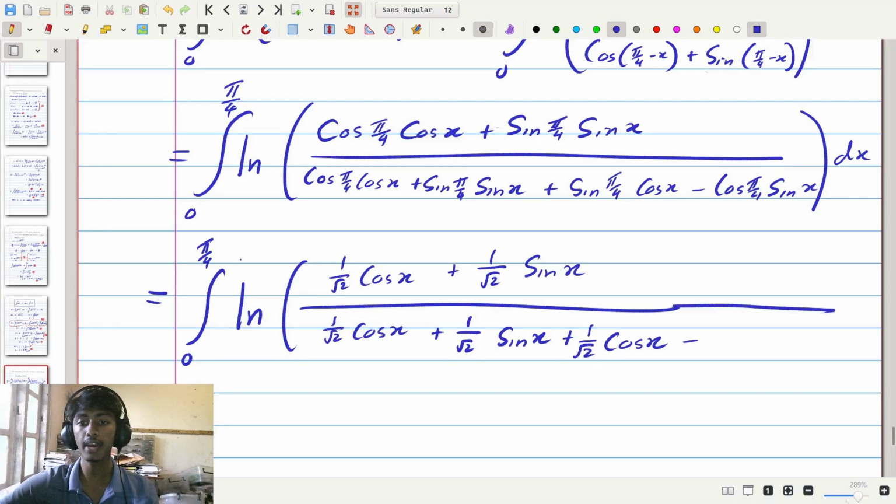So on the denominator we have another minus 1 over root 2 sin x, and close that dx.